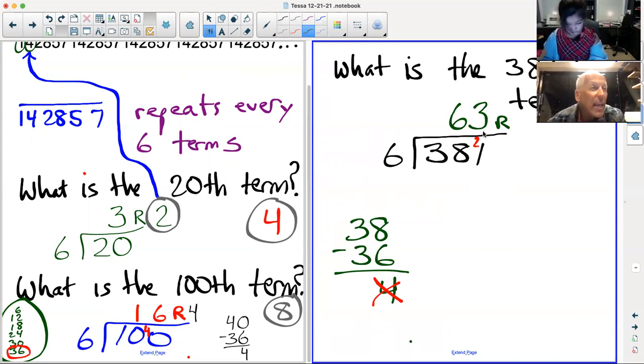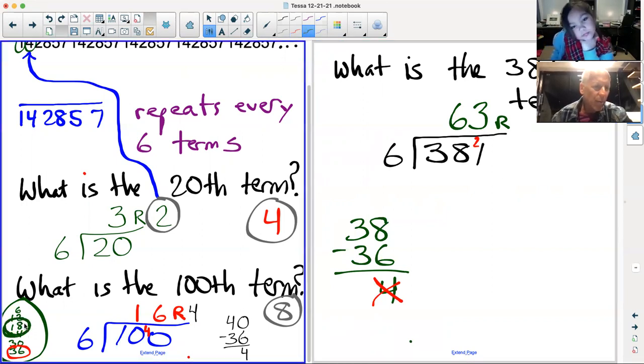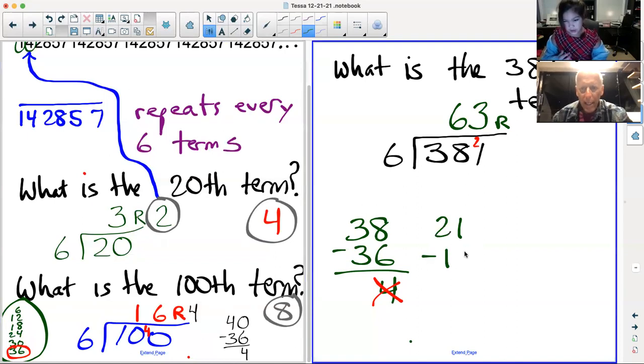What number are you taking away from 21? 3. Really? Tessa, come on. 6, 12. Come on, Tessa. What number are you taking away from 21? 18. Of course. And 21 minus 18.